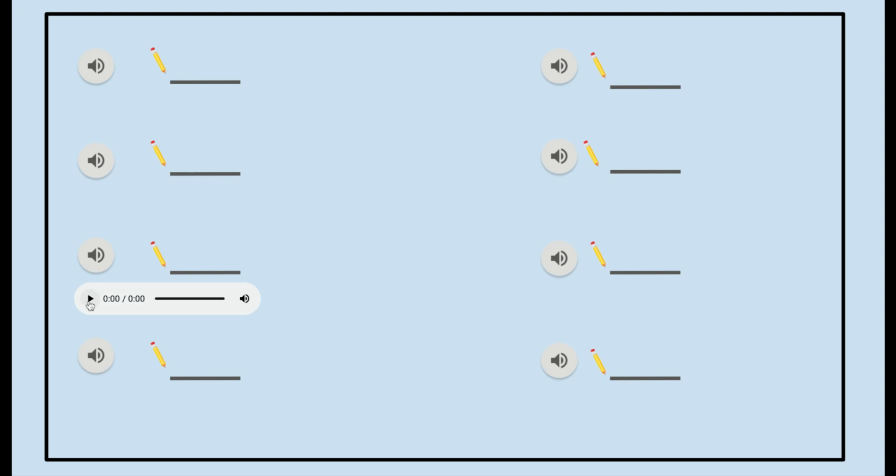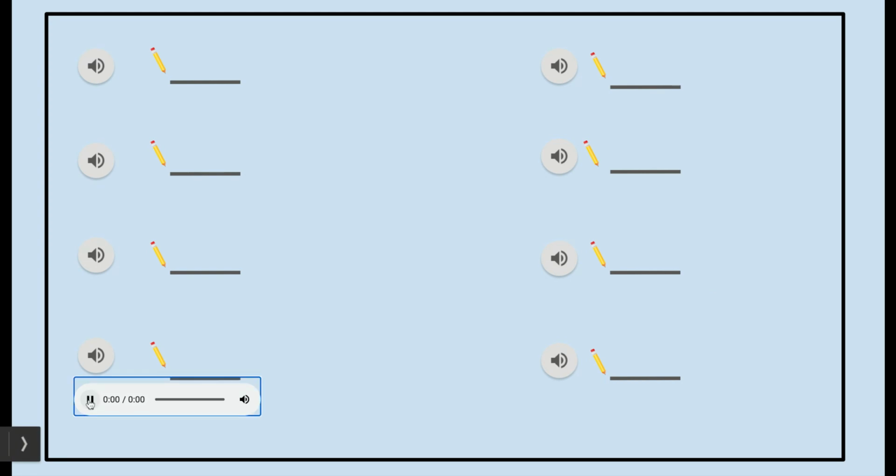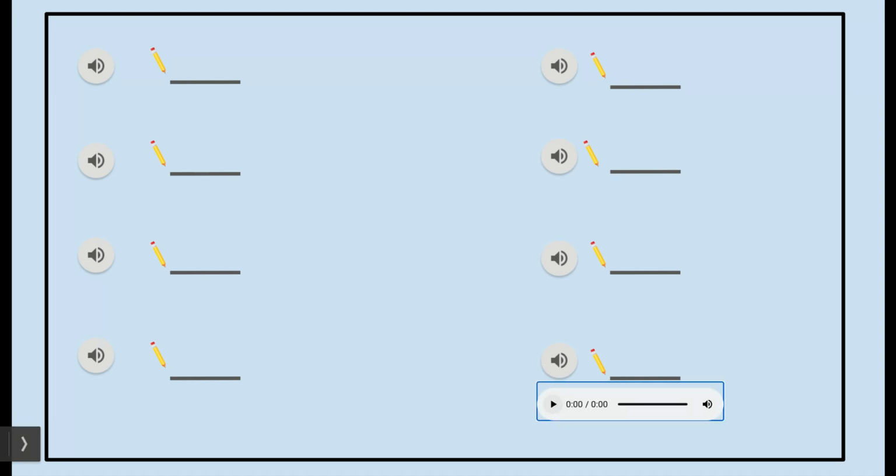Number 5. Number 6. Number 7. E. And the last one, number 8. G.